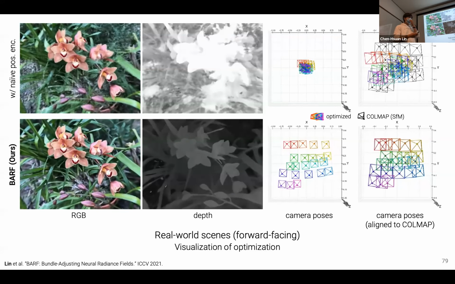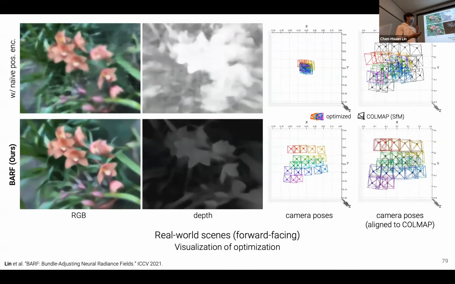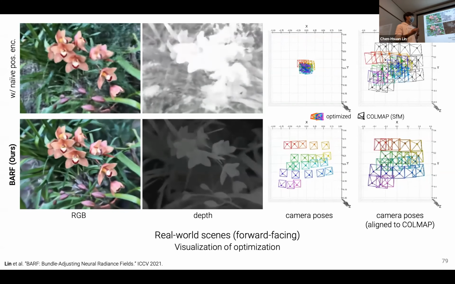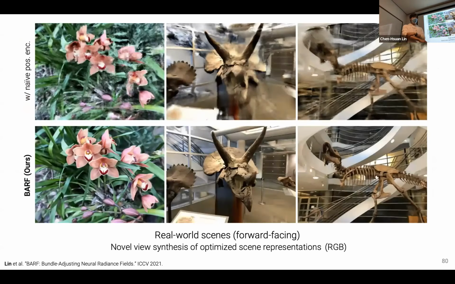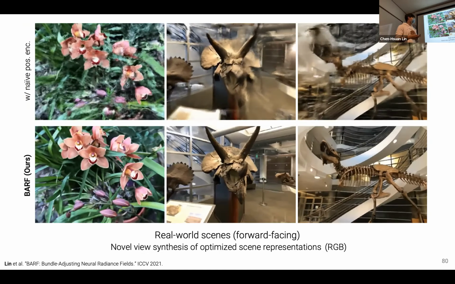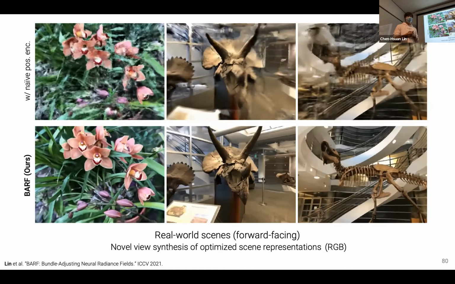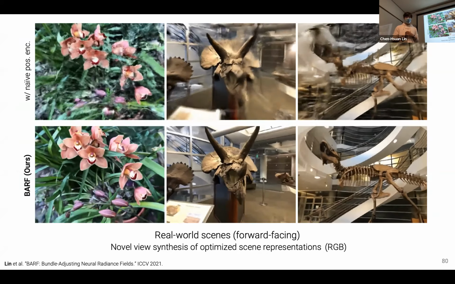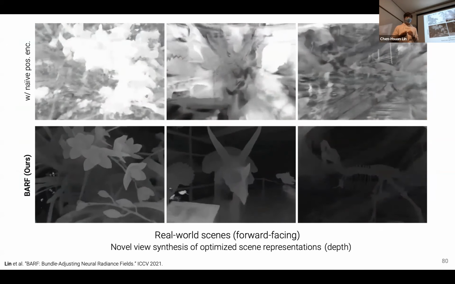So they highly agree with each other, which indicates that BARF is able to successfully discover the underlying camera poses. And we can also see the novel view synthesis results. These are the RGB view synthesis results as well as the depth.